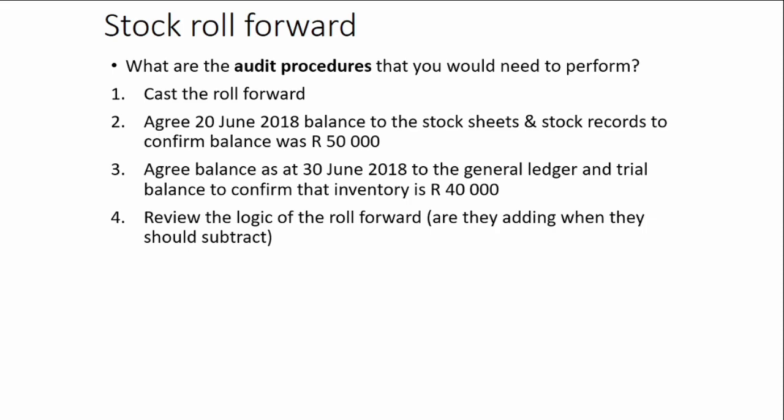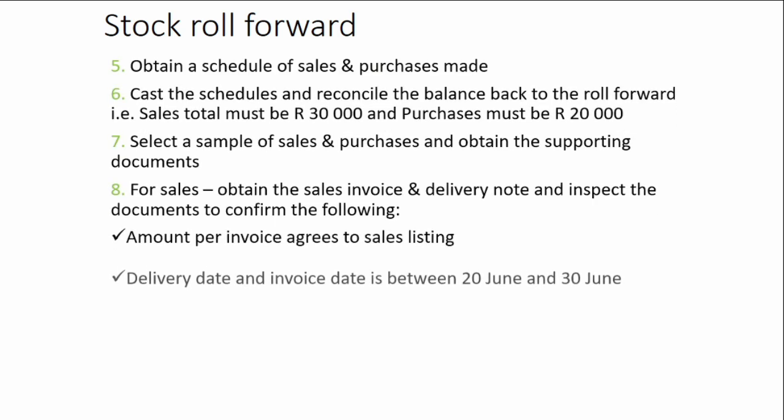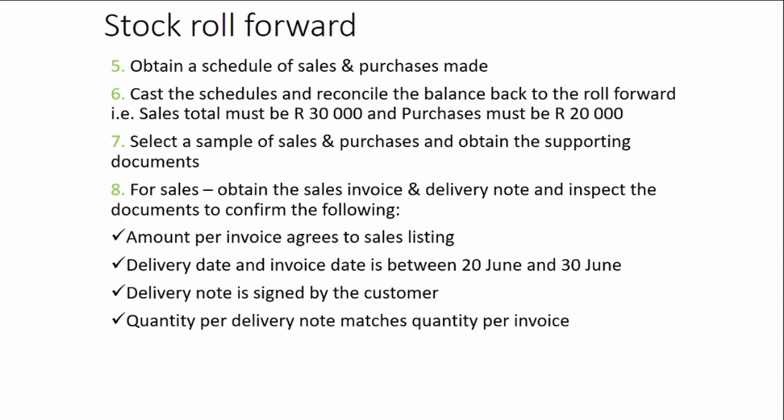So obtain the original invoice that gave rise to this purchase, test it in terms of identifying the date, make sure that the rights remain with our client for this specific inventory, and we also want to confirm the amount and the date of delivery, because the date of the delivery obviously has to be after the cutoff date, which is the date that the stock count was done, but before the year end.